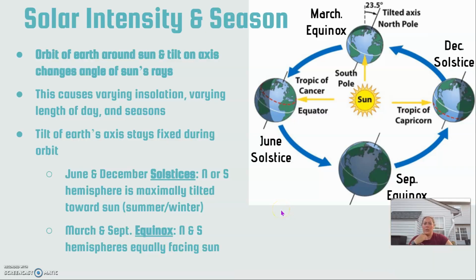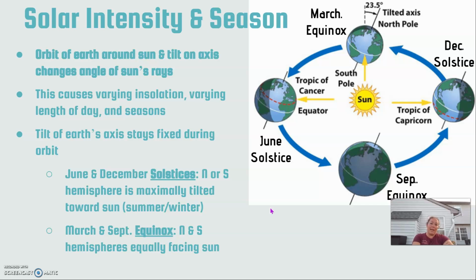The solar intensity also impacts the seasons. So you know that the Earth orbits around the sun, and it also is tilted on an axis, and it spins on its axis as well. That orbit and tilt changes the angle of the sun's rays, which causes varying insolation, varying length of day, and a variety of seasons.